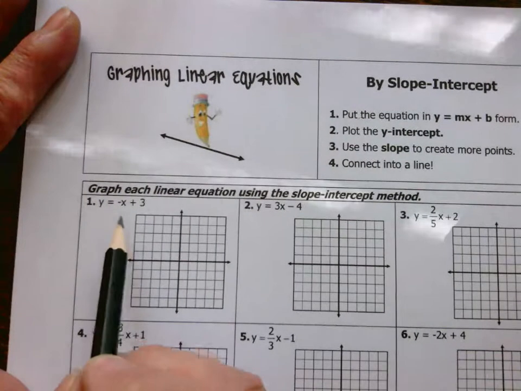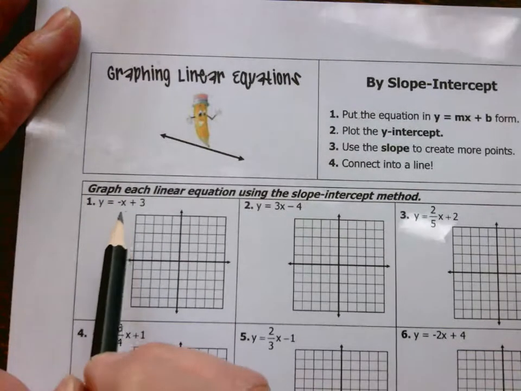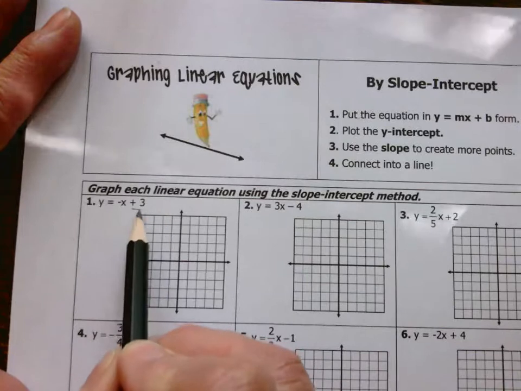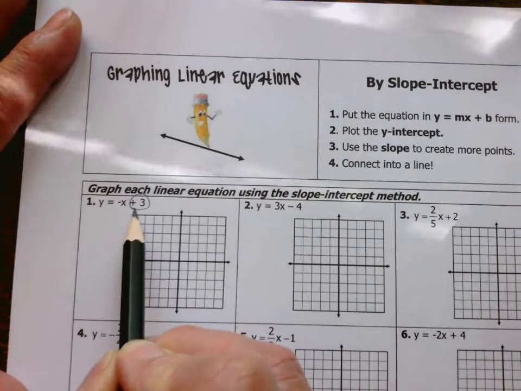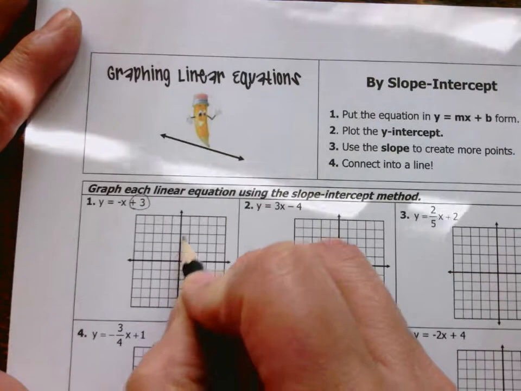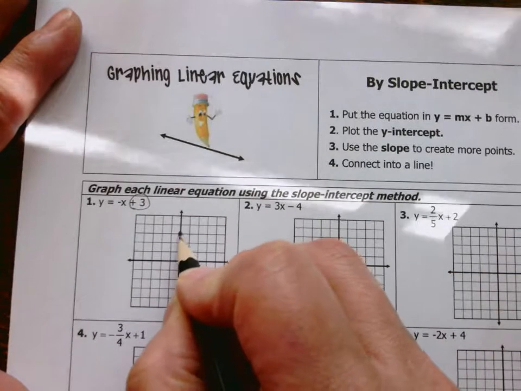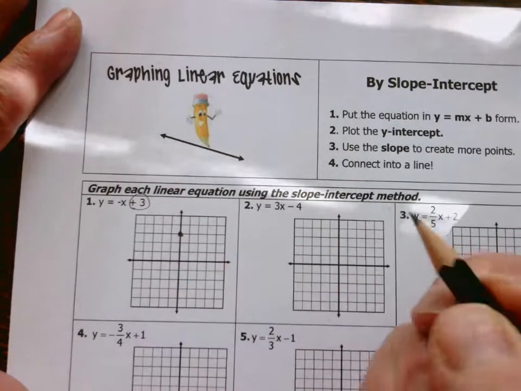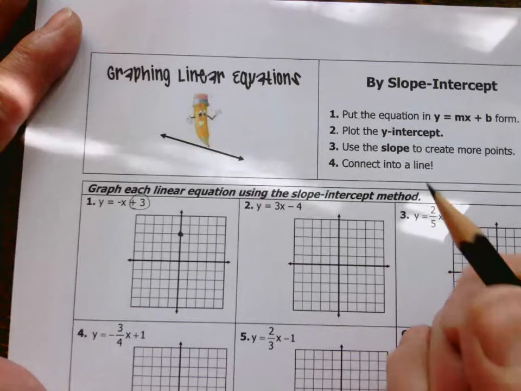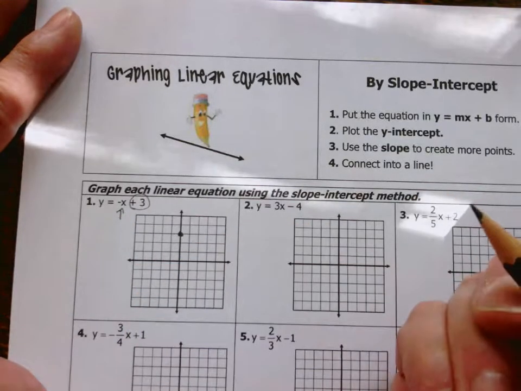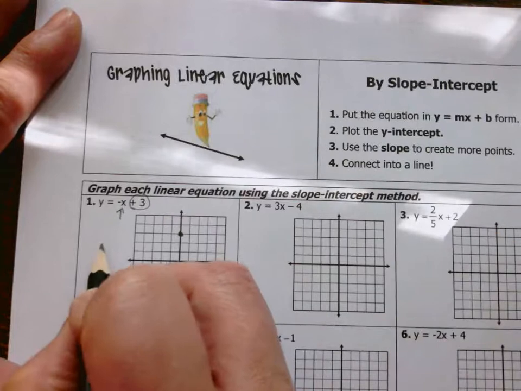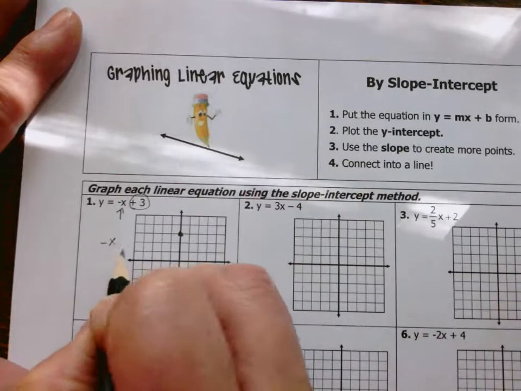When I look at this equation, number one, what I notice is that my y-intercept, or my b value, is positive 3. And that means I'm going to have a point right here on my y-axis. X is 0 and y is 3. My slope is negative 1, which means I go down 1 unit.